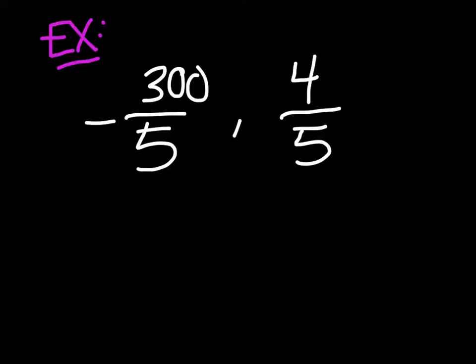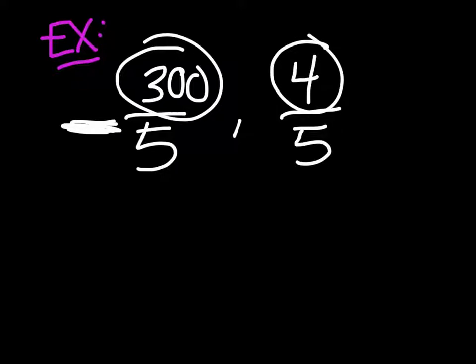No, it's smaller, because it's negative. Notice it's 300, which is bigger than 4, but it's negative. So the 4/5 is bigger. If ever you're comparing two numbers and one of them's negative, it's automatically smaller.